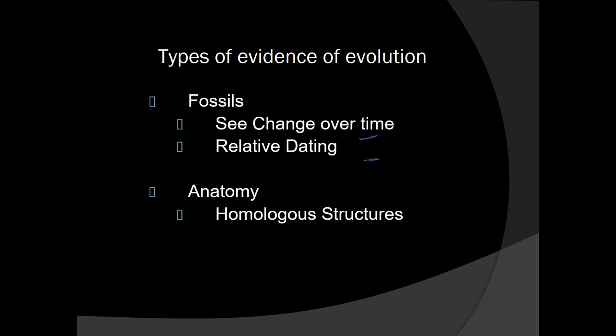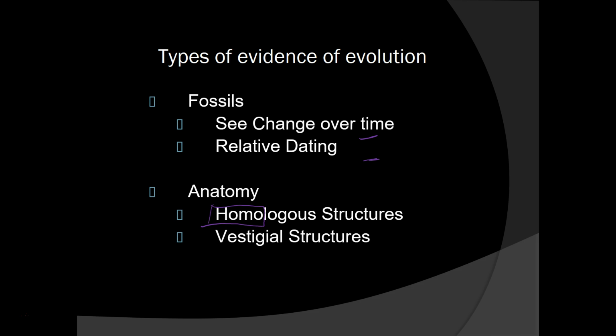There's homologous structures. What does this prefix mean? Homologous structures are similar in different species but have different functions, such as our arm versus the arm of a whale. They have different functions, but they have similar organization.